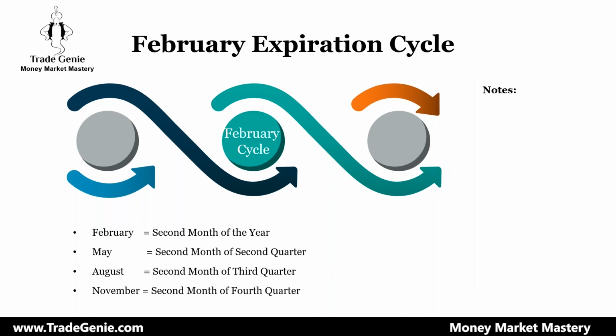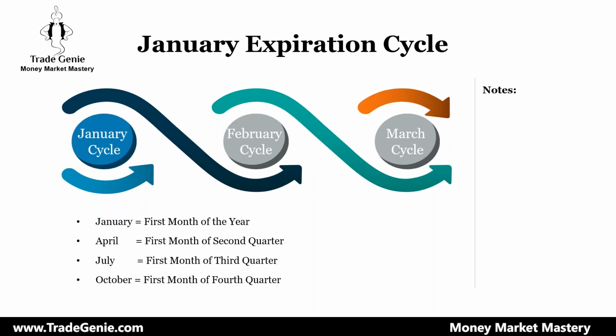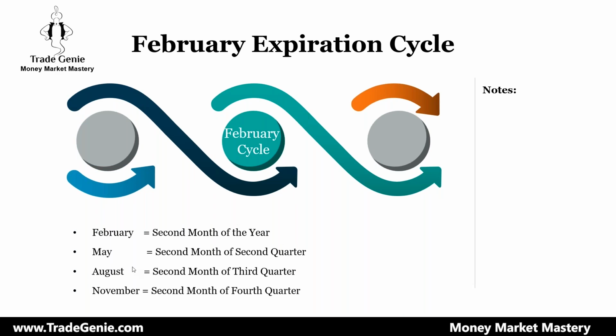So just like the January cycle, there is a February cycle. February is the second month of the year. So we assign the second month of each quarter to this cycle. The second month of the second quarter is May, the second month of the third quarter is August, and the second month of the fourth quarter is November.